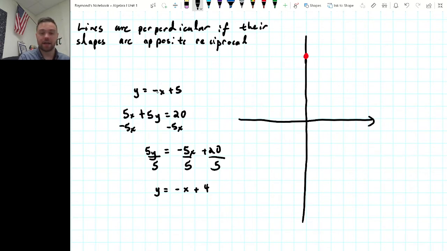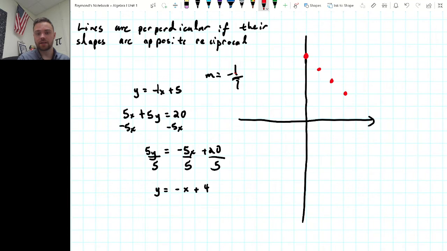So anytime you see a negative in front of x, it's understood to be a negative 1. So m is negative 1 over 1. So that is your fraction. That is your slope. So from this y-intercept, this line is going to go down 1, right 1. Down 1, right 1. So this tells me to go down.